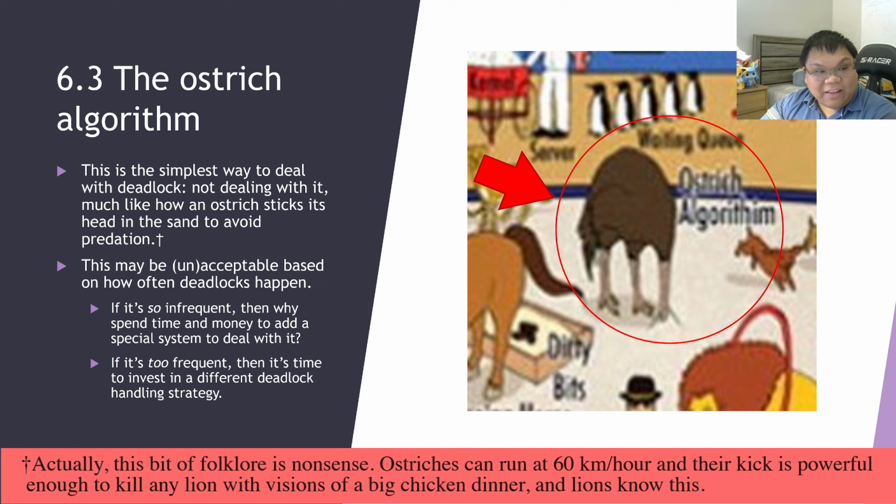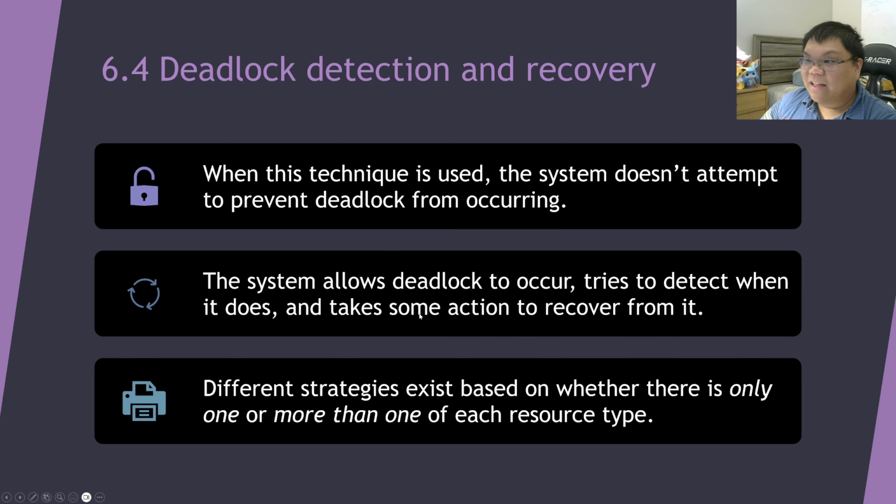On the other hand, if a serious deadlock happens like every other week, and someone's coming in at 3 a.m. to break the deadlock, then maybe it's time to start thinking about implementing an actual strategy. The ostrich algorithm, for our purposes, isn't really a strategy. It's also based on absolute nonsense, so we're going to move on to an actual strategy, and that is detection and recovery.